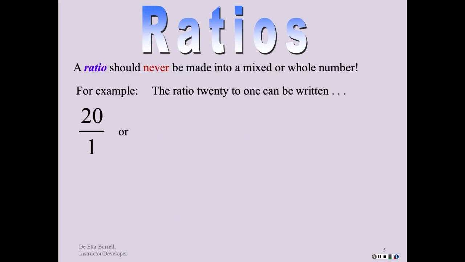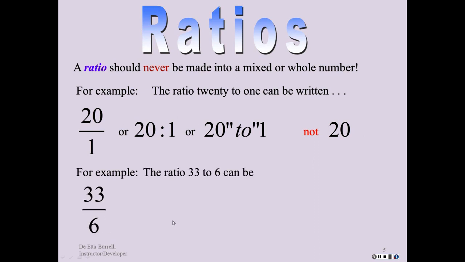A ratio should never be made into a whole number or a mixed number. You have to have two numbers to compare. So if you have 20 to 1, you need to say 20 over 1, 20:1, or 20 to 1. Do not do 20. A ratio is not a whole number. You have to have a comparison. If I had the ratio 33 to 6, I need to simplify it.